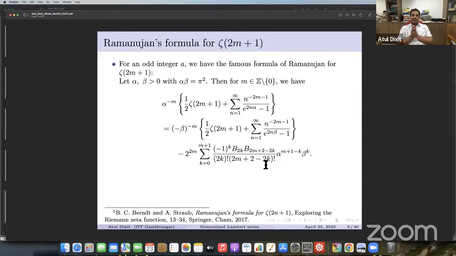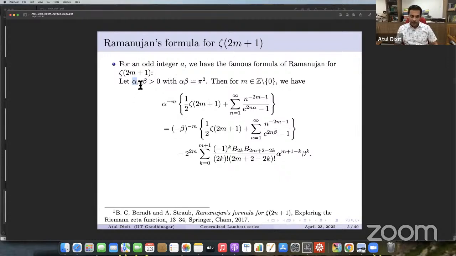Now let us look at all of the things that we discussed so far through just one particular formula. This is the famous formula of Ramanujan for odd zeta values. So if alpha, beta are positive numbers such that alpha times beta is equal to pi square. Actually, you can analytically continue this for real part of alpha greater than 0 and real part of beta greater than 0, but this is how it was stated initially.